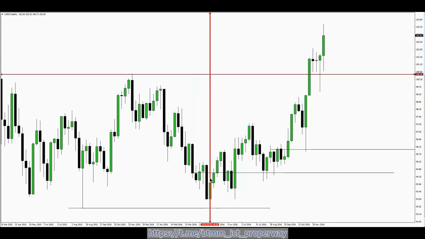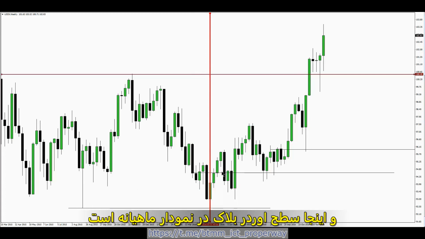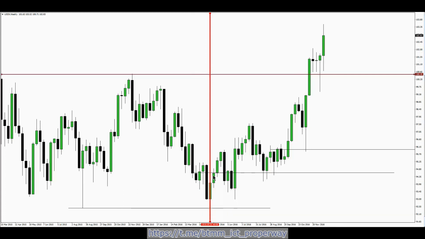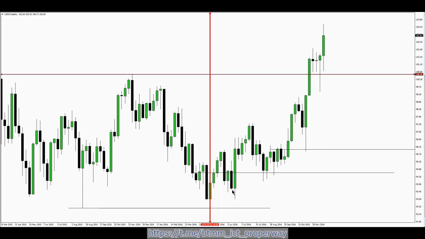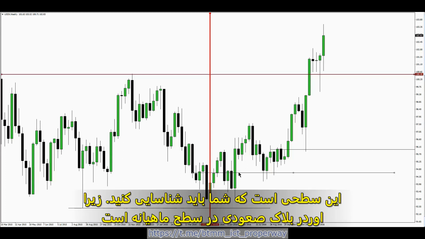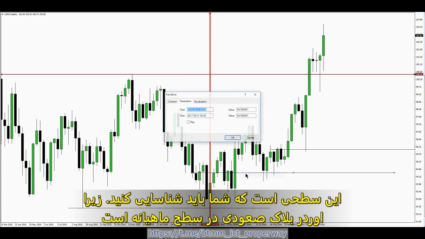There's May. Okay, and here's that order block level on the monthly chart. So price trades down into it here, and we wait to see, does price want to rally away? This is the level you have to be identifying, because it's the monthly order block, the bullish order block on a monthly level.